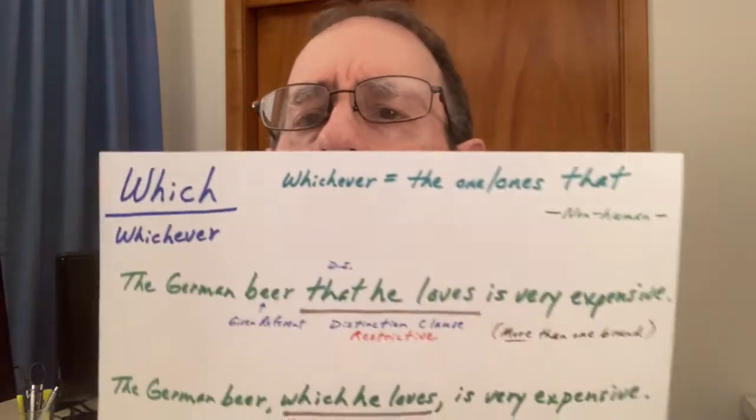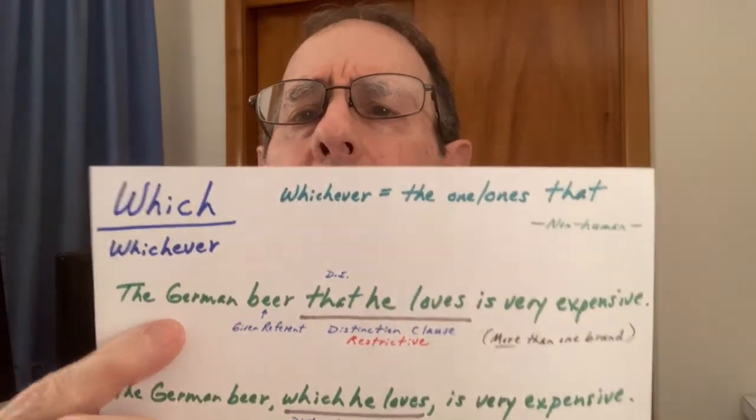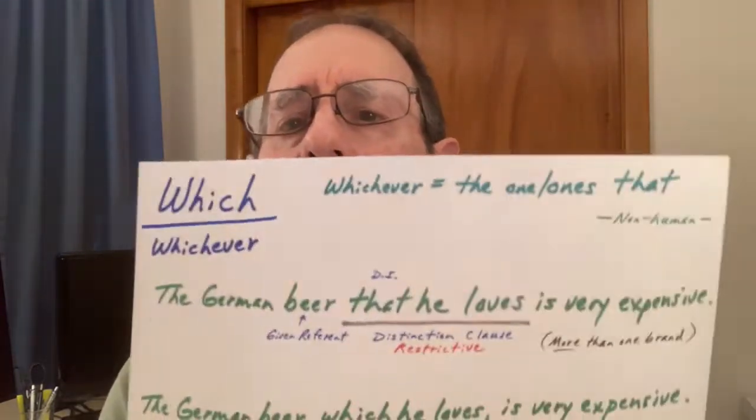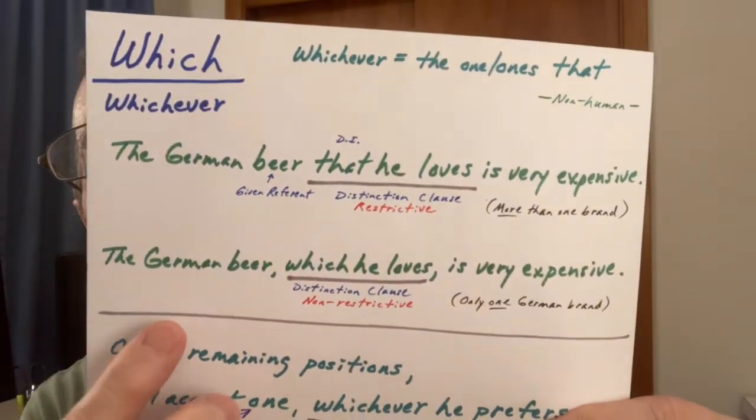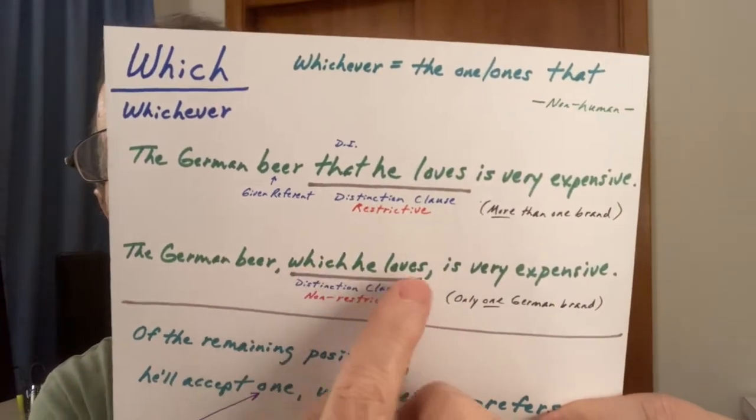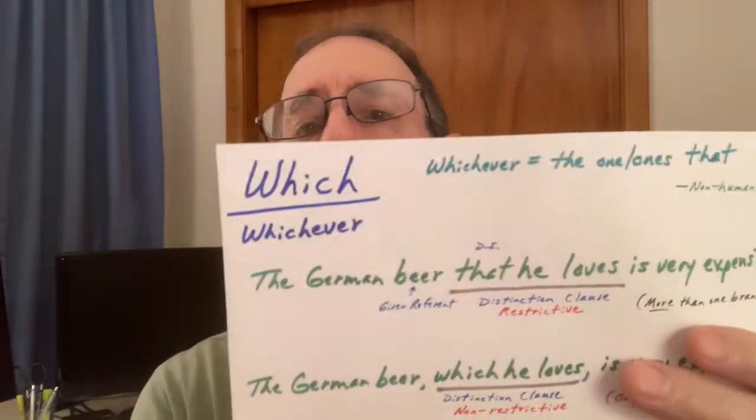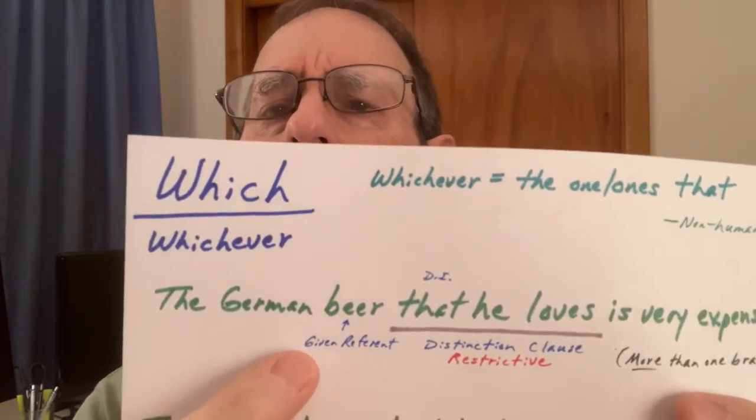Here's our sample sentence. The German beer that he loves is very expensive. And then the second sentence is, the German beer which he loves is very expensive. Now, the word beer, that's your given referent.